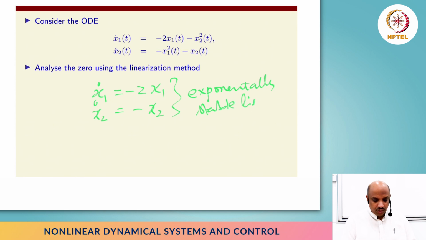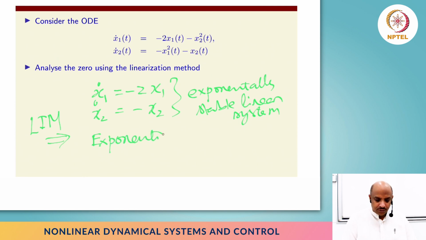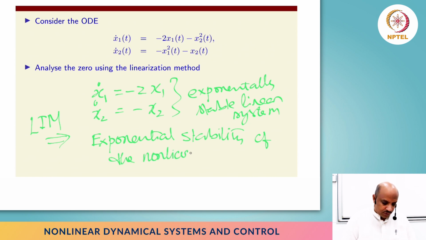So therefore the Lyapunov indirect method gives us exponential stability of the nonlinear system. And of course I have to be careful, it is about the zero of the nonlinear system.